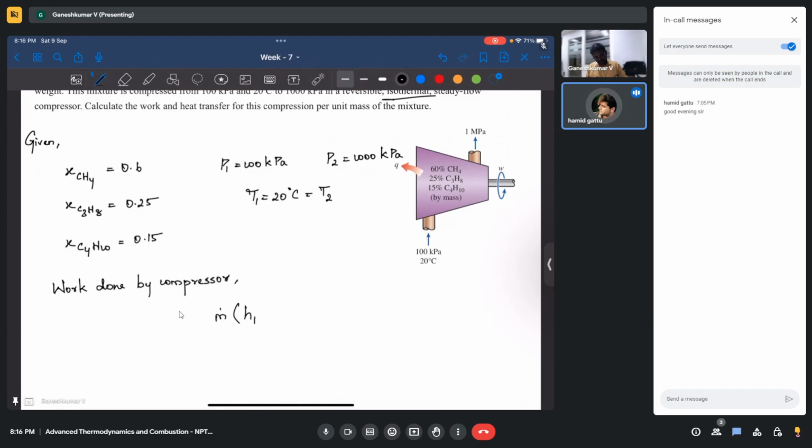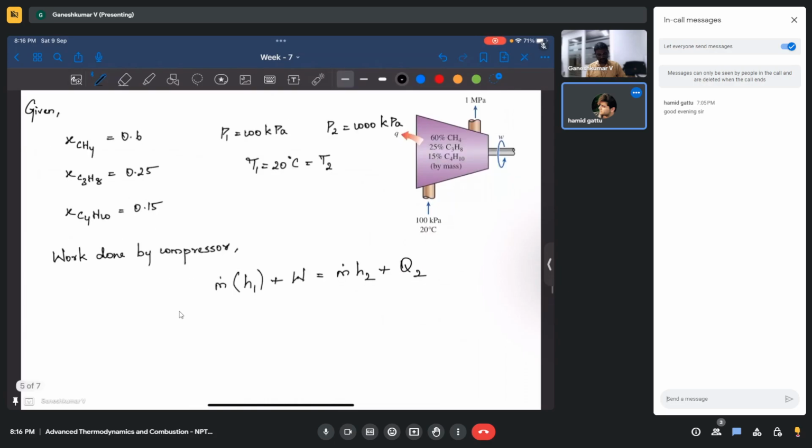There will be heat loss also. W is equal to m dot H2 minus H1 plus Q, right? The work you are giving to the compressor, energy input, is equal to the rate of energy output. Since the temperatures are the same, H2 minus H1 is 0, so it just gives W is equal to Q.